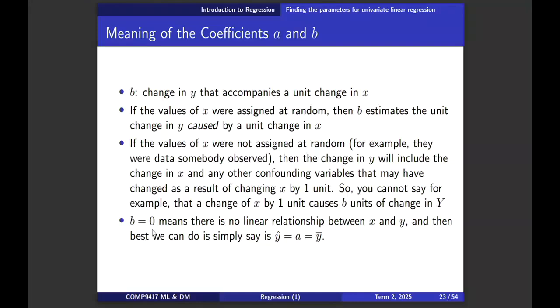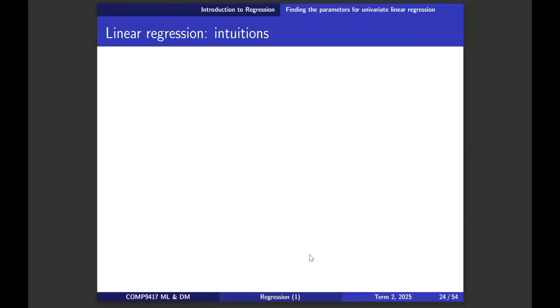The only thing we can say is that because bx is going to be 0, the estimate y hat equals a, and that will be y bar, the mean. So if there is no relationship between x and y, the best estimate of y is the sample mean.